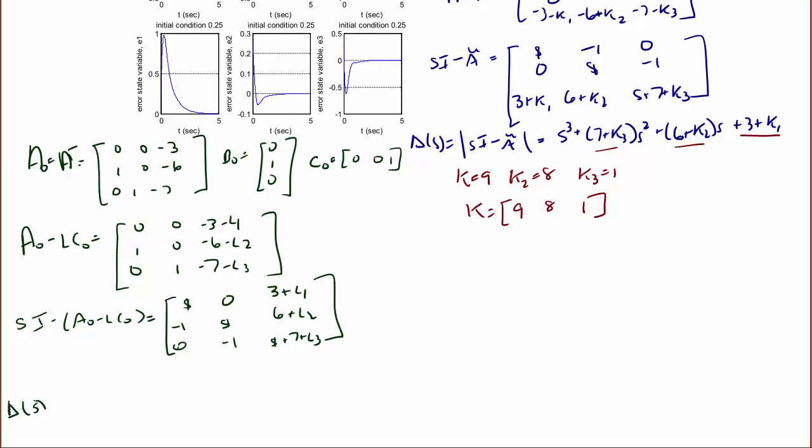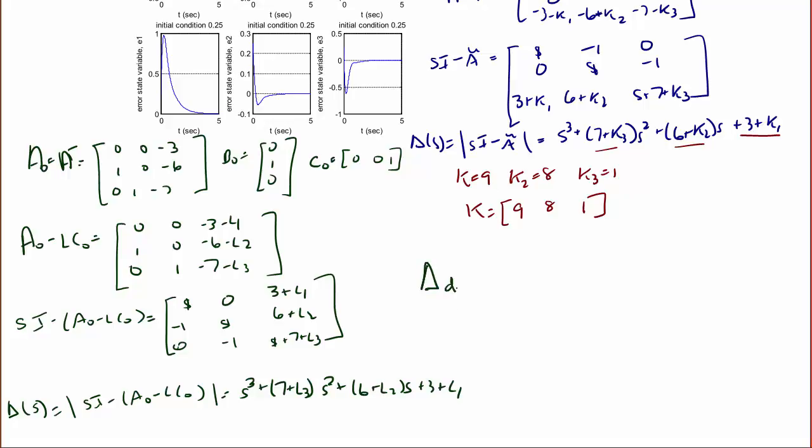So the characteristic equation is the determinant of sI minus (A naught minus L C naught), which equals s³ + (7 + L3)s² + (6 + L2)s + (3 + L1).